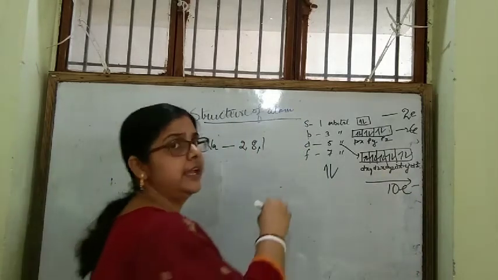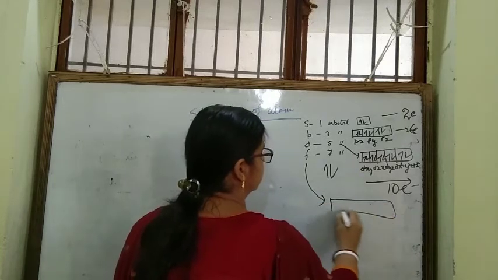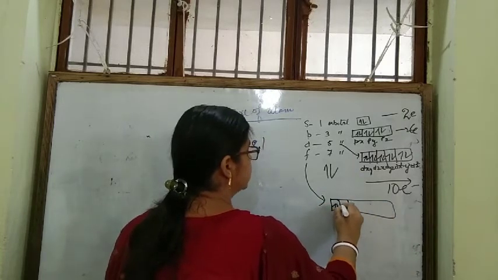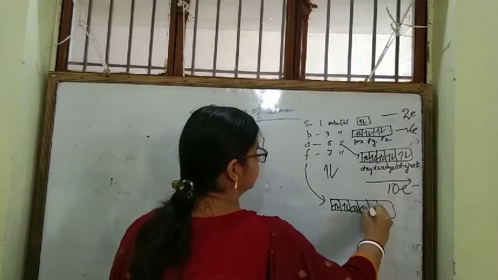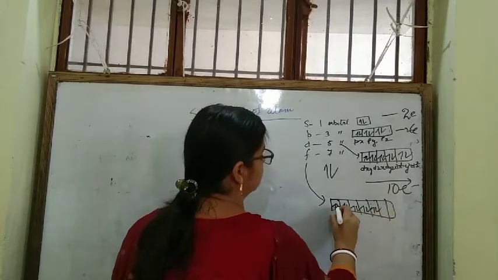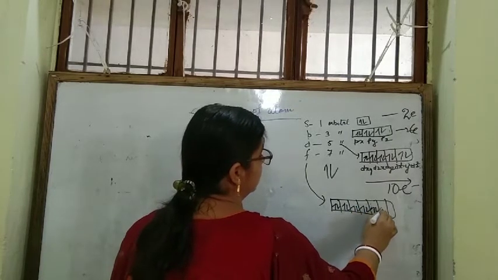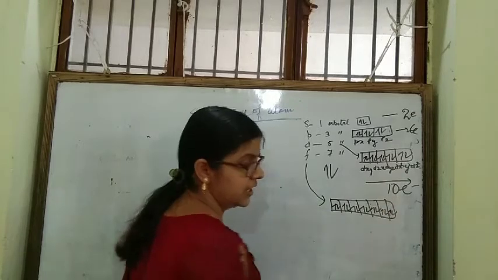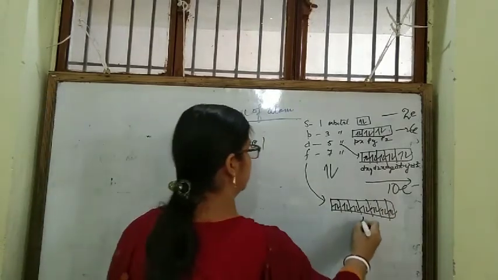And similarly, the f subshell can accommodate 14 electrons, 2, 4, 6, 8, 10, 12, 14 electrons. The f subshell can accommodate maximum 14 electrons.